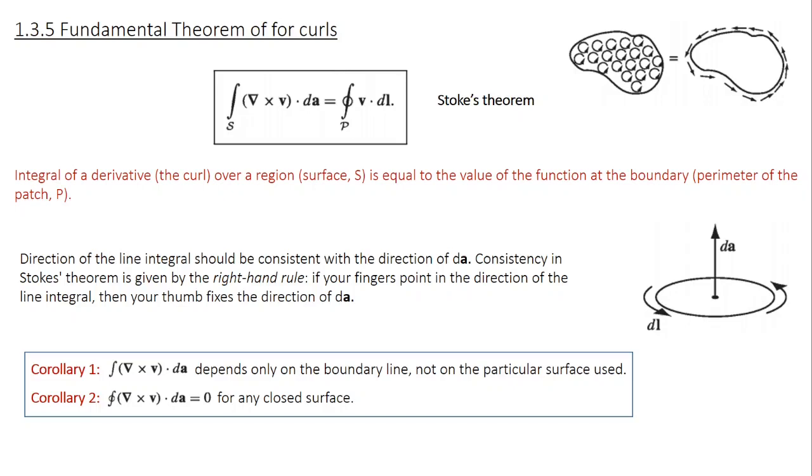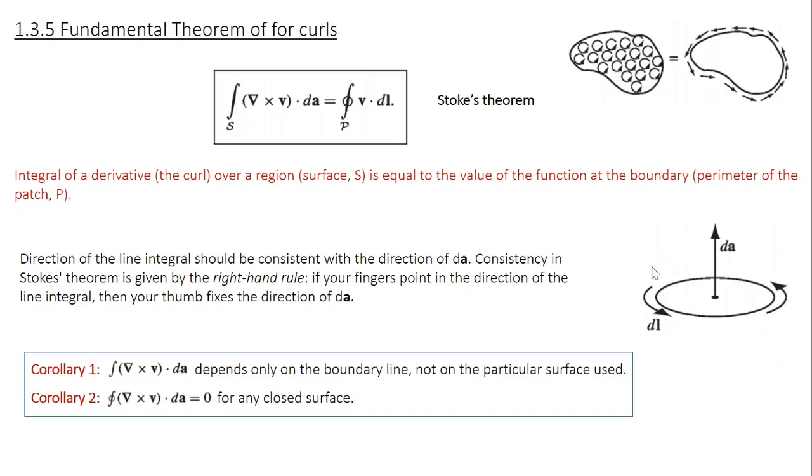If you choose the direction of the line integral in the anti-clockwise direction, place your fingers in the anti-clockwise direction, then the direction of the thumb, which is upward, will be the direction of the area element. Alternatively, if you choose the clockwise direction, place your fingers in the clockwise direction, you will find that the thumb points downward. In that case, the direction of the area element is downward. This is how you fix the direction of the integrals.